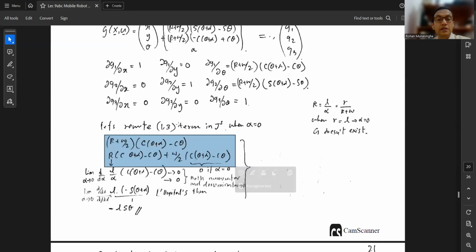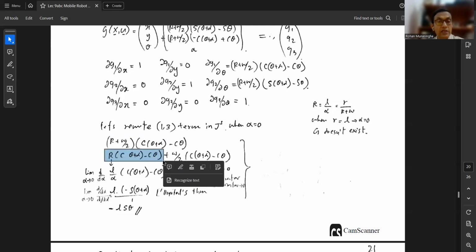I have expanded it in the second row here, R times this plus W over 2 times the same thing. Now, W is a constant, and when alpha equals 0, this whole thing is 0. That's all right. No problem with that. But the problem is over here. What about this part when alpha is 0?